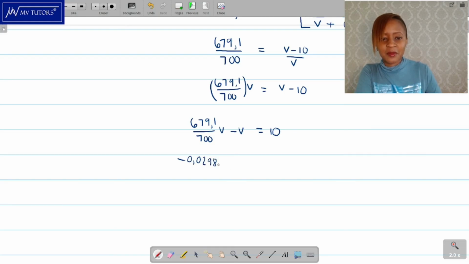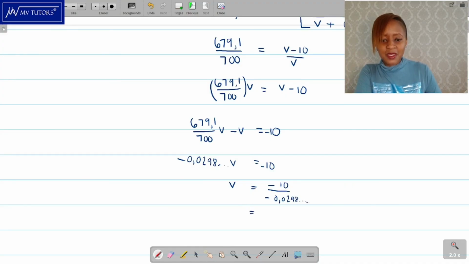So there are many values here, and that is equal to 10. Now if I want v alone, sorry, I've been forgetting this negative here. So if I want v alone, it'll be negative 10 all over negative 0,0298 and all those other values.